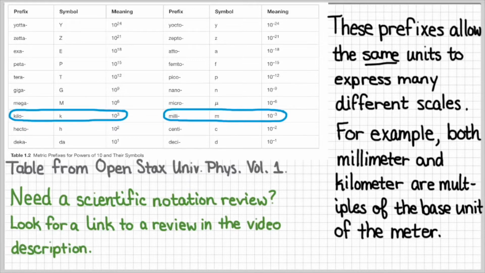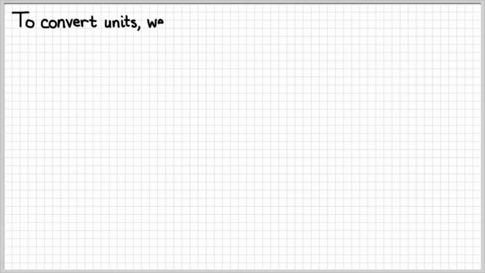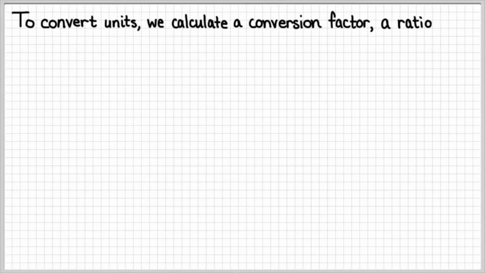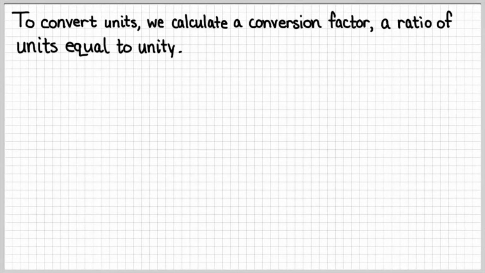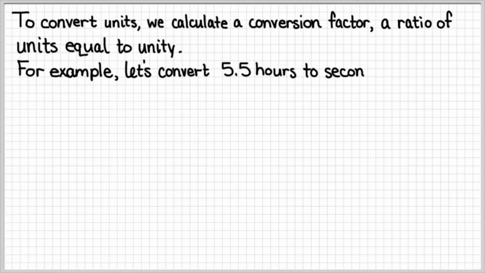Something that you'll need to be able to do a lot in this class is to change units, or to convert. So to convert between units, we have to calculate a conversion factor. This factor is a ratio of units that is technically equal to unity. So for example, if you wanted to convert 5.5 hours to seconds, then you need to first start by multiplying it by something that converts it to minutes.